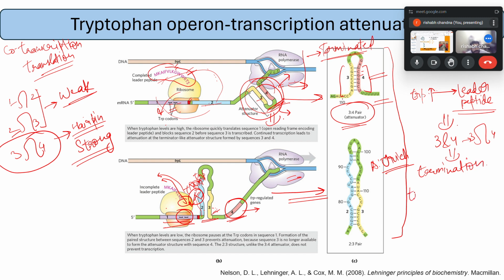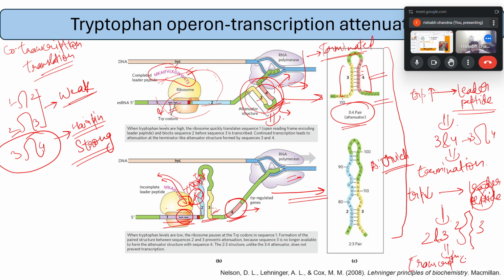Now, when tryptophan levels are low, the leader peptide is not formed, then 2 and 3 form the hairpin loop, and transcription continues. Okay, so this is the whole procedure for the attenuation of tryptophan operon.